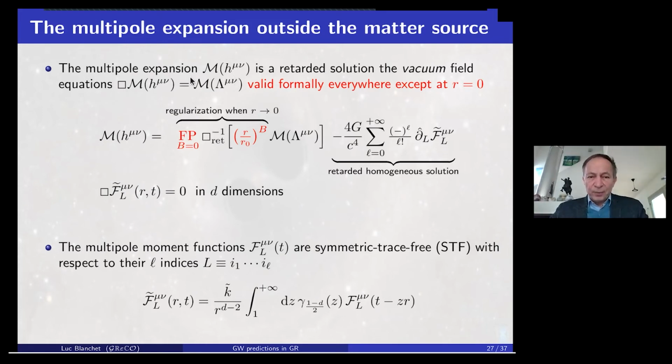We have to solve the wave equation in D dimensions, and there will be a particular solution which is regularized with the previous regulator that I was mentioning, which is important to cope with the singularity of the multipole expansion when r tends to 0. Okay, and then there will be a homogeneous solution which is parameterized by the source multipole moments. So we have to deal with that object in order to define properly our multipole moments in D dimensions.